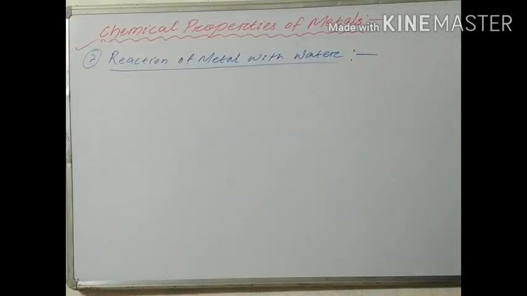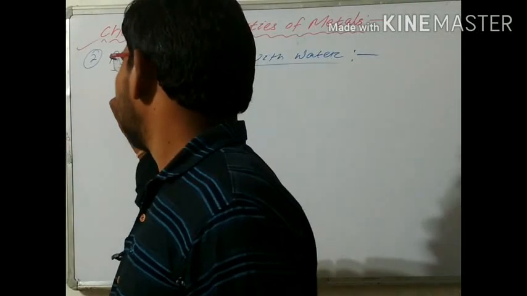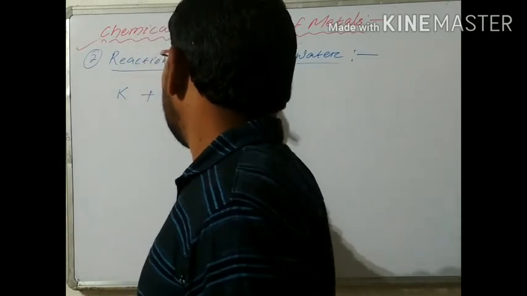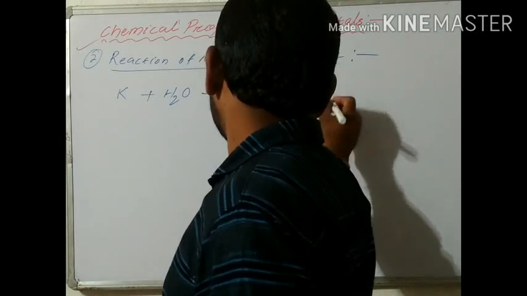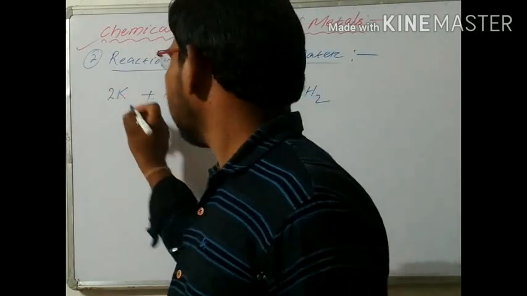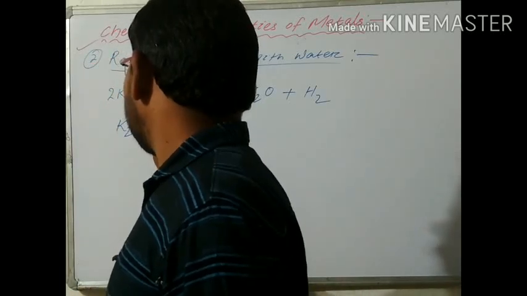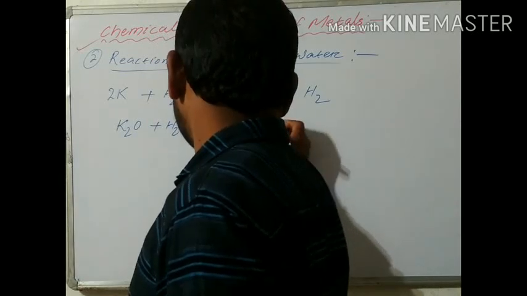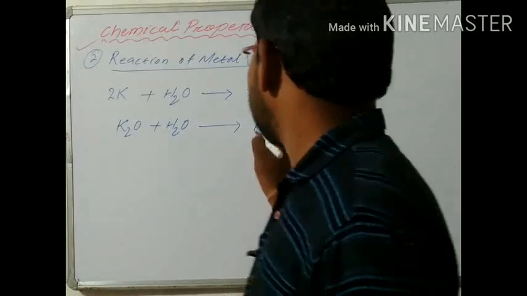So first we take the metal. Which metal are we taking? Potassium, K plus H2O, then we form K2O plus H2. Then this K2O, potassium oxide, further reacts with water and forms KOH, potassium hydroxide.